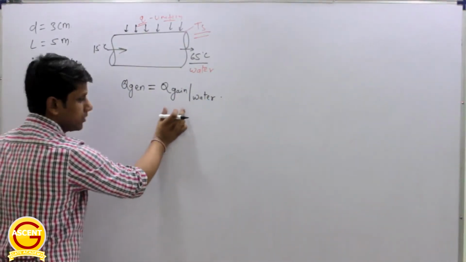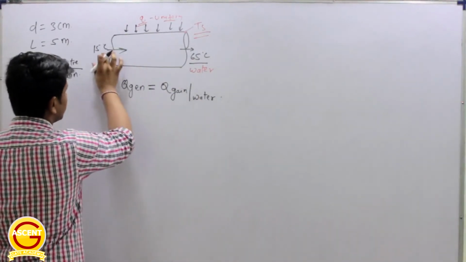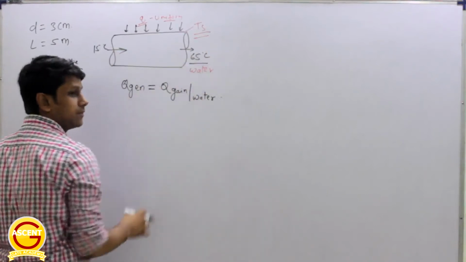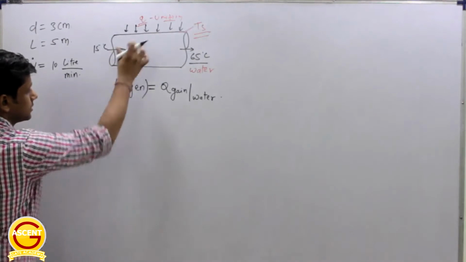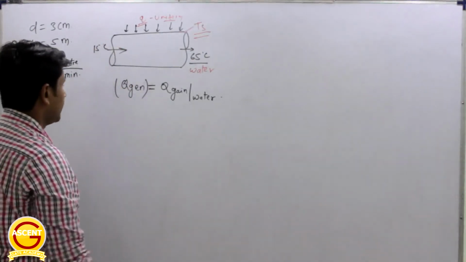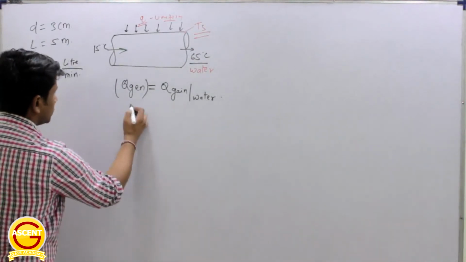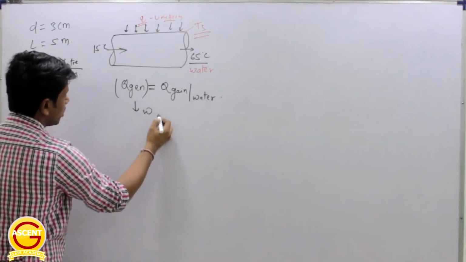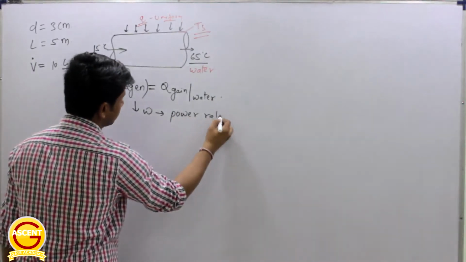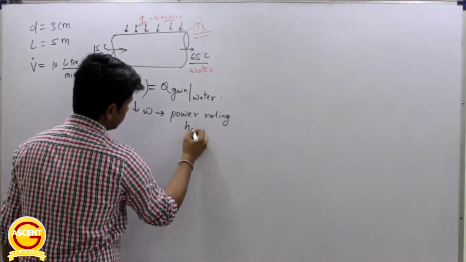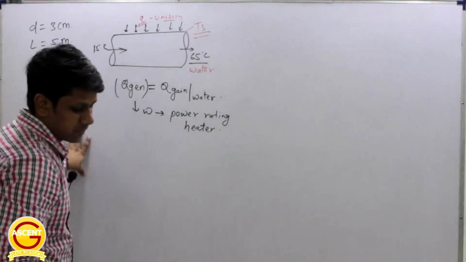So somehow if we can calculate this Q gained by water when its temperature is changing from 15 to 65, that will be equal to the Q generated in the resistance or electrical wire, and that is the power rating of the heater. So if we can calculate this Q generated in watt, it will be the power rating of the heater, right? So let's do that.